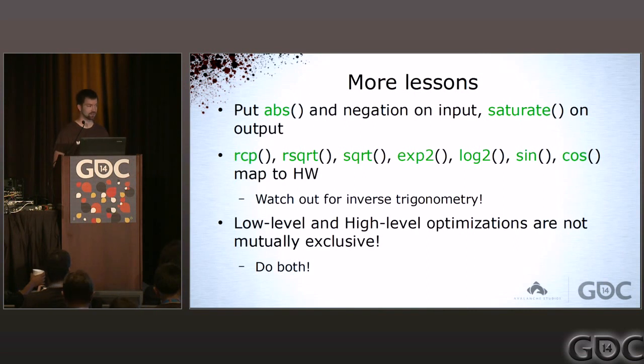For the exponentials and logarithm, it's the power of 2 functions that are native, not the natural logarithms or the e-based ones. They generate another instruction just for changing the base. The thing you should watch out for is inverse trigonometry, because these don't map to any hardware instructions. They are emulated with dozens or 20 instructions, so they can be really expensive.